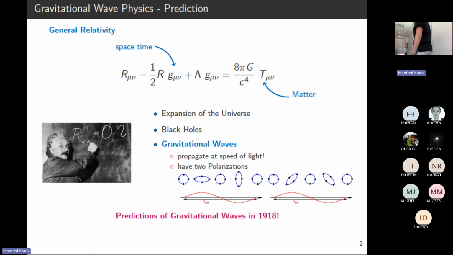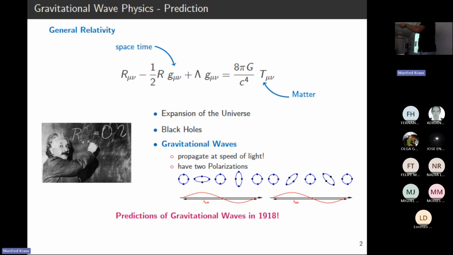Like the photon, the hypothetical particle that will play the role for gravity will be the graviton. The graviton also has two polarizations, and this one is the so-called plus polarization, where you see that if you have test masses and the gravitational wave hits these four test masses, they will be stretched and compressed either in a form that looks like a plus, or, on the right-hand side, like a cross.